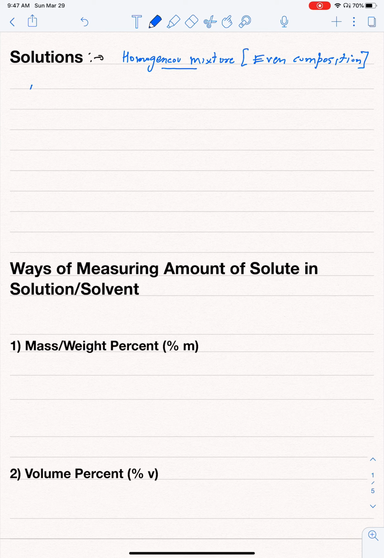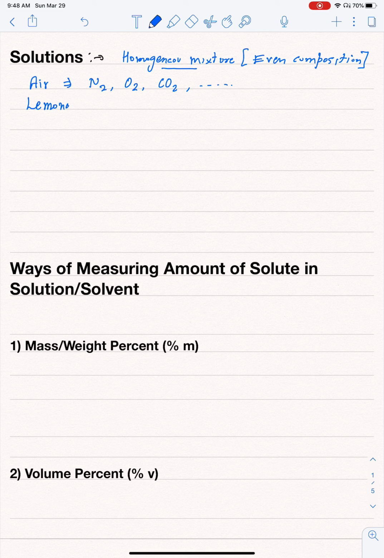As an example, air is a homogeneous mixture because air is made of nitrogen gas, oxygen gas, carbon dioxide gas, and tons of other gases in small concentrations, and they're all evenly mixed up. As a result, it's a homogeneous mixture, and it's also a solution. Another example would be lemonade.